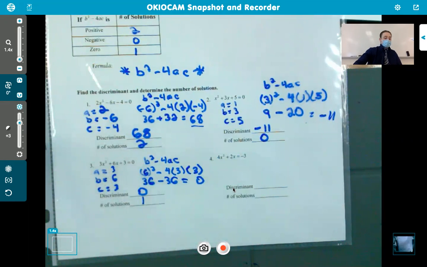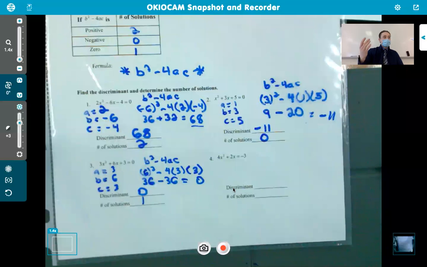Now, this is a situation where we would have one solution. It would just touch the x-axis if I were to look at the graph. And if I were to plug the values into the quadratic formula, b squared minus 4ac is inside my square root. When you simplify that, you get the square root of 0, so you just have a number plus or minus 0 over another number.